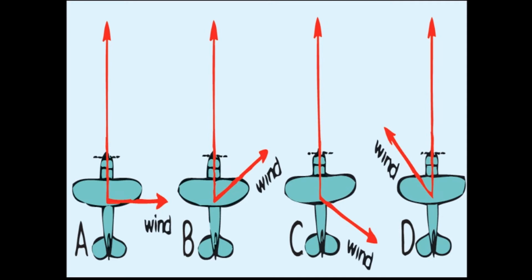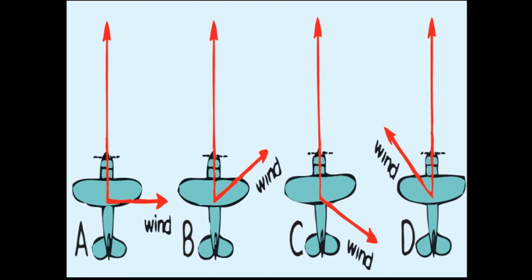Now, here we have the plane, and it said in the previous slide you want to rank it from the greatest velocity to the least. So the wind that has the least effect on the forward motion would be the one with the least angle, which would be D, and then B is a little bit more, and then A is even more, and then C is much more.